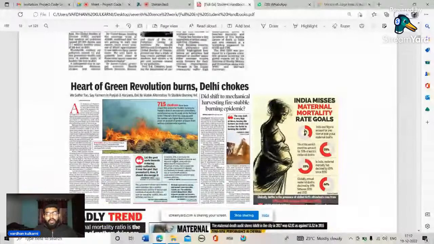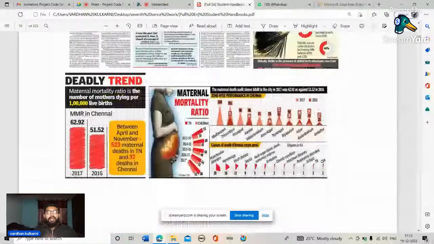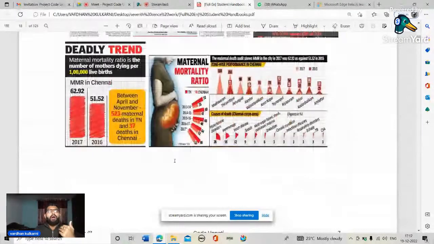And then there are maternal mortality rates. There are unwanted pregnancies, for example, because in most cases girl children are unwanted and only boy children are wanted. So there were chances of unwanted pregnancies due to this.